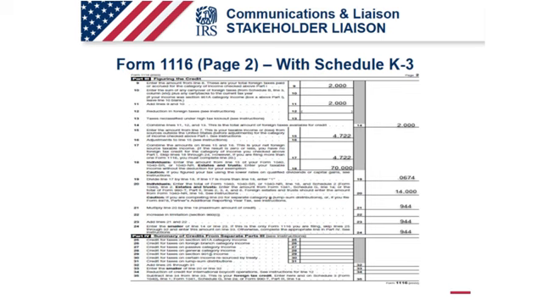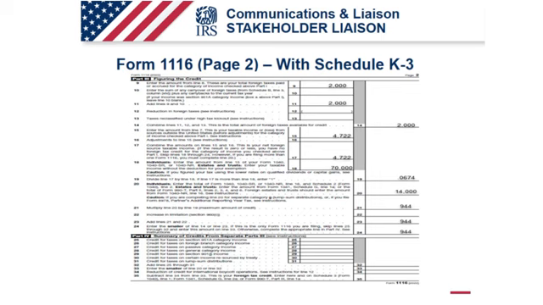Meaning, again, of the $2,000 that they paid, they can only use $944 of that as their foreign tax credit. So again, by requesting the Schedule 3 from the partnership, Partner A is able to accurately determine this foreign tax credit number. Without that information, they'd be trying to guess at what their total gross income numbers were. And so this gives them certainty in knowing that they've correctly calculated the number.